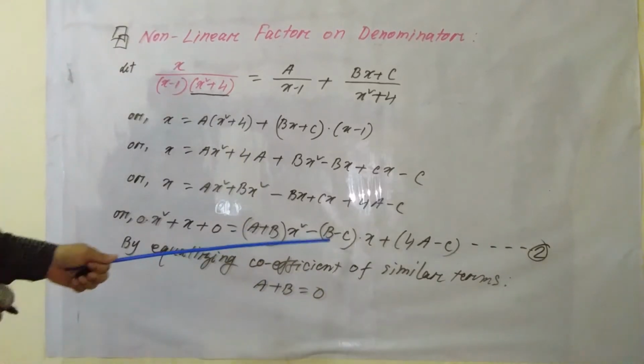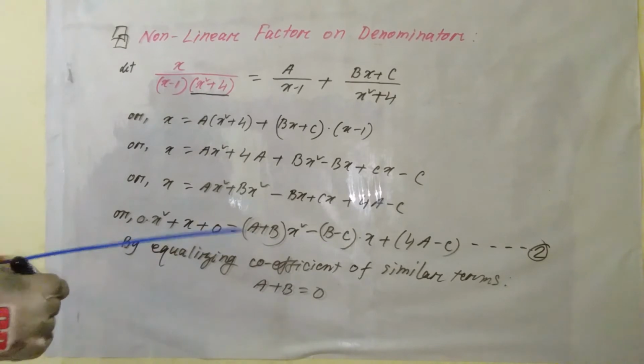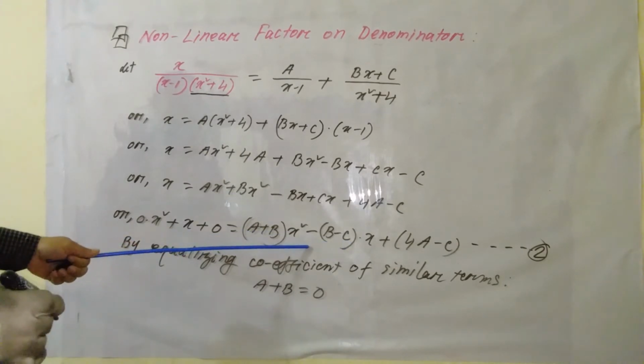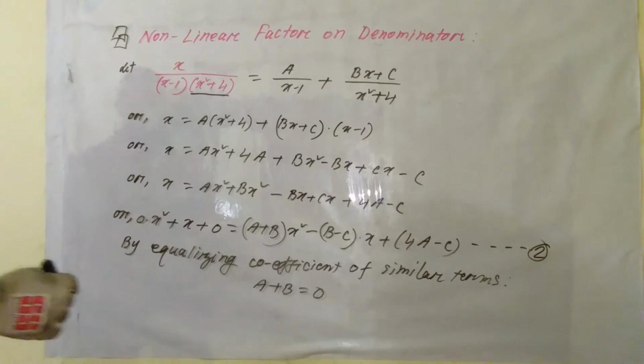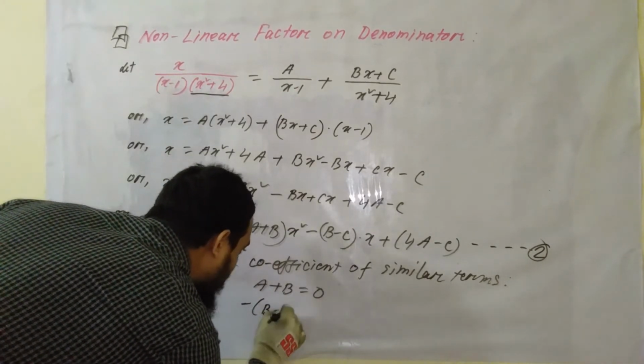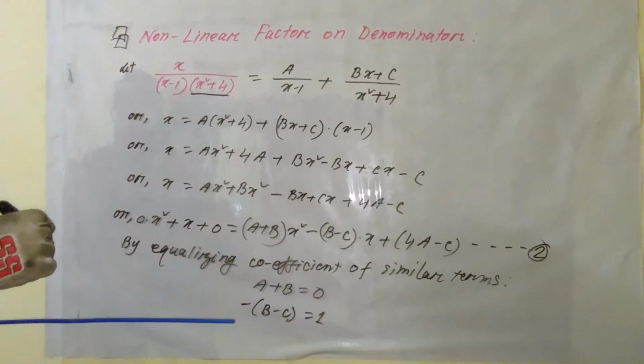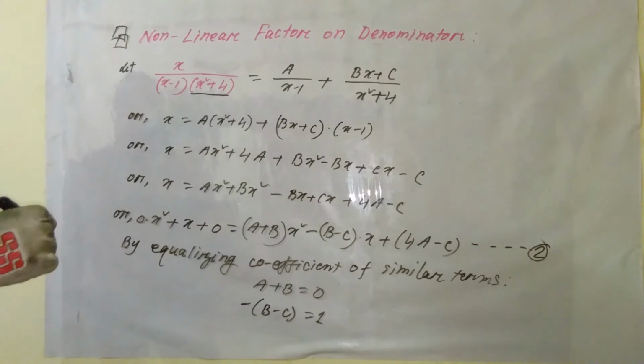Now the coefficient of x is 1, and here the coefficient of x is minus of (b minus c), that means minus of (b minus c) is equal to 1. And what else? 4a minus c is equal to 0.